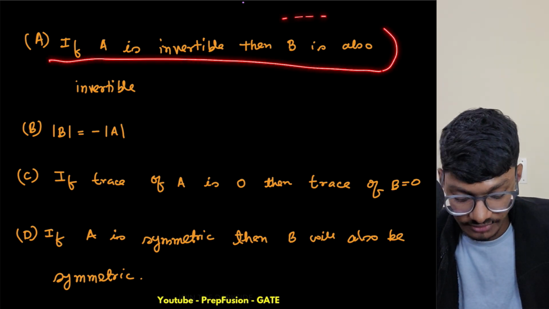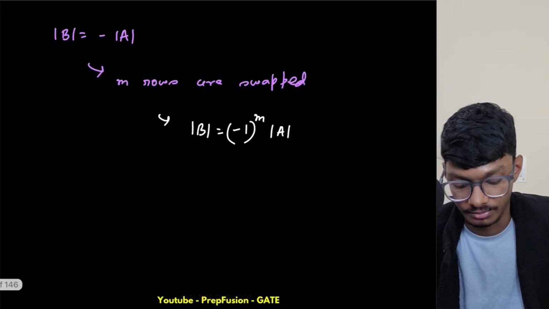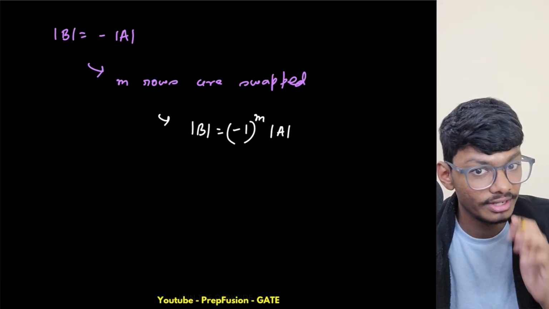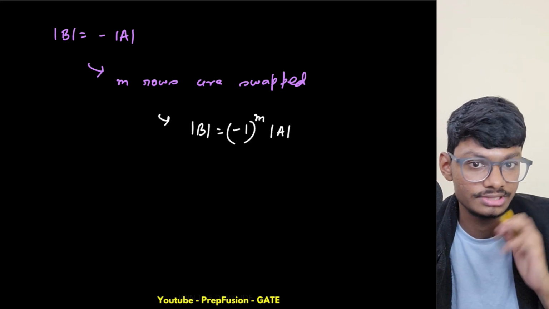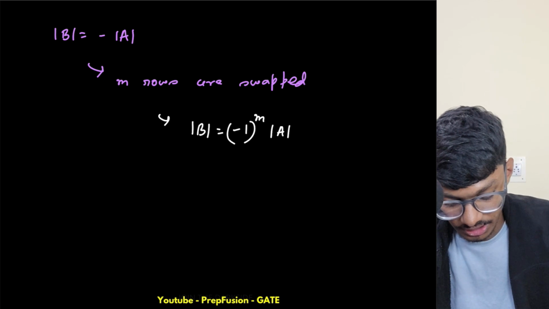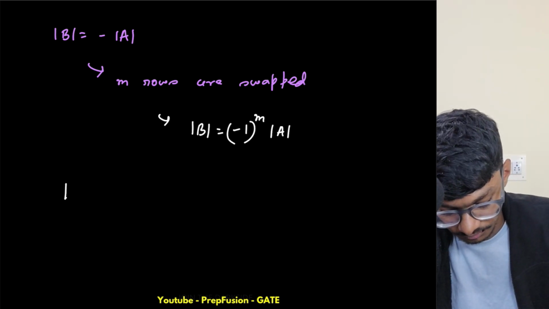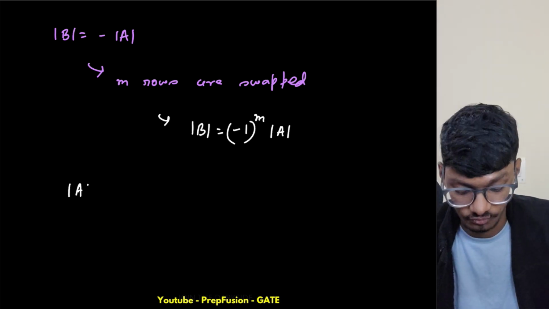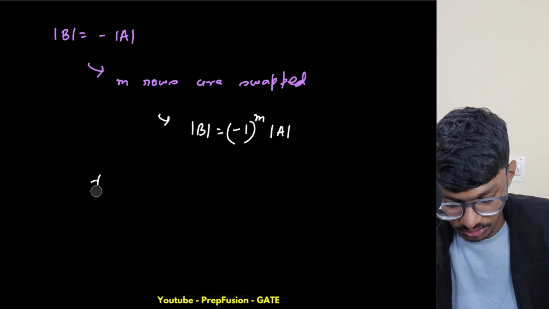It is asking, if A is invertible, is B also invertible? What does invertible mean? Invertible means that the inverse exists. When does the inverse exist? When A is non-singular. When is A non-singular? When the determinant is non-zero. Obviously, what is determinant of A? Sorry, what is inverse of A? Sorry, this is wrong.